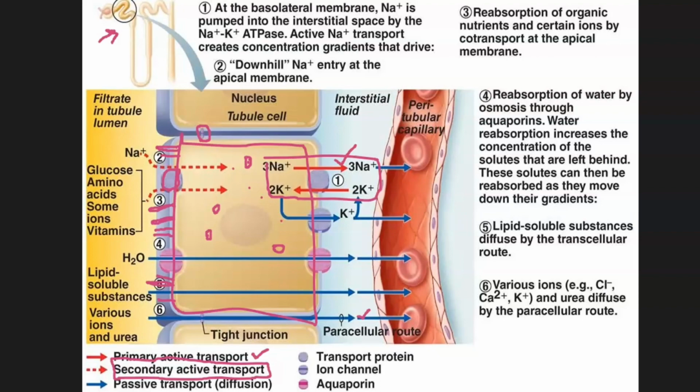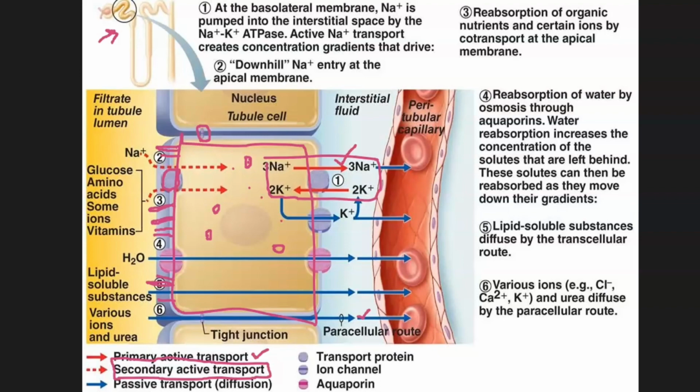Again, starting from the sodium-potassium pump that is required to produce a low concentration in the epithelial cells. ATP energy is required, that is provided by the mitochondria. Then there are sodium channels through which sodium is diffused into the epithelial cells by facilitated diffusion, along with glucose and amino acids which are also reabsorbed, so it is a co-transport. Then there is water reabsorption.